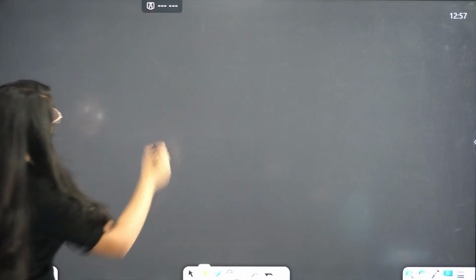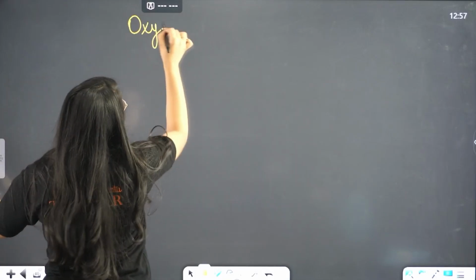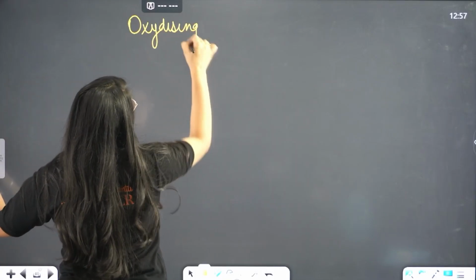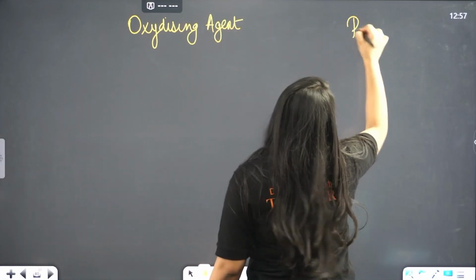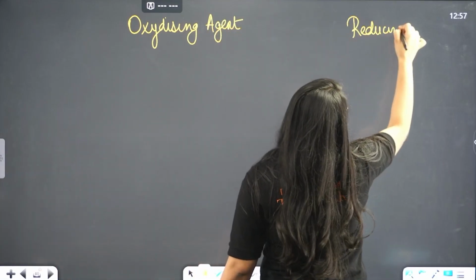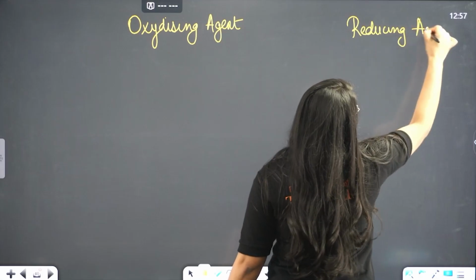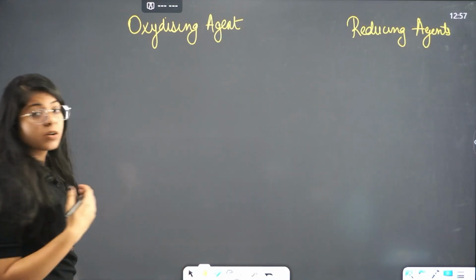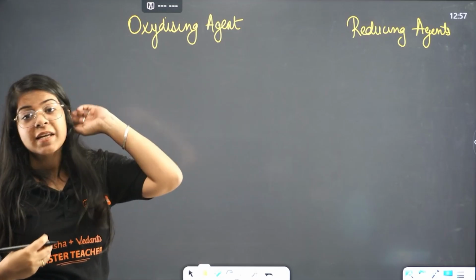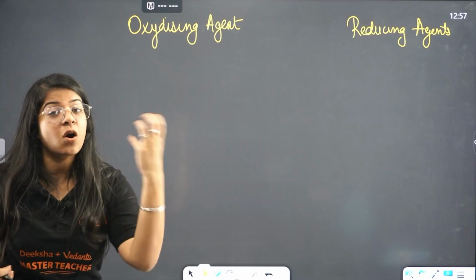Then oxidizing agent. We have oxidizing agents and we have reducing agents, right? Now an oxidizing agent is something that oxidizes.